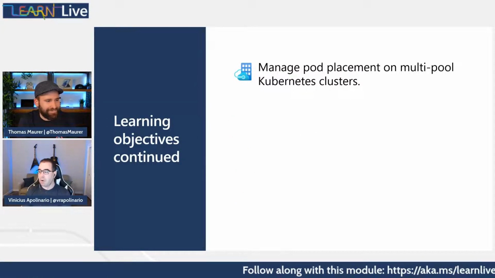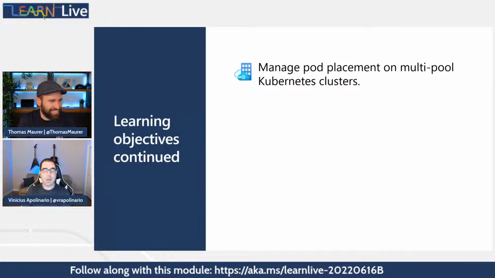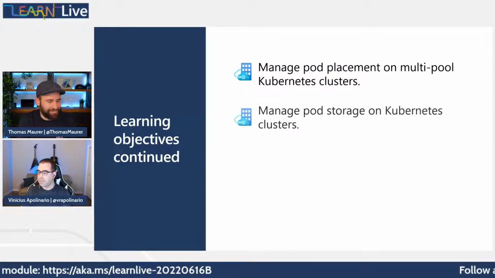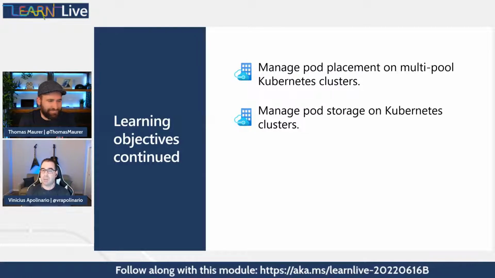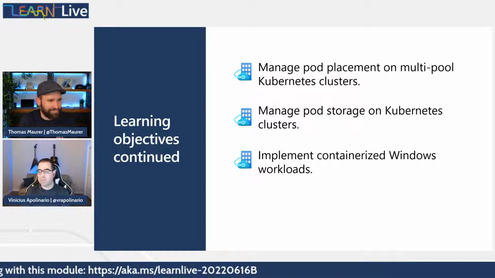Manage pod placement on multiple Kubernetes clusters. So did you know you can run Linux and Windows applications on Kubernetes side by side? Yes, you can. We're going to cover that. Manage pod storage on Kubernetes cluster. So containers are ephemeral. You should not be storing any data inside of a container. Did you know that? So we're going to cover that and show you how to do that. Implement containerized Windows workloads.